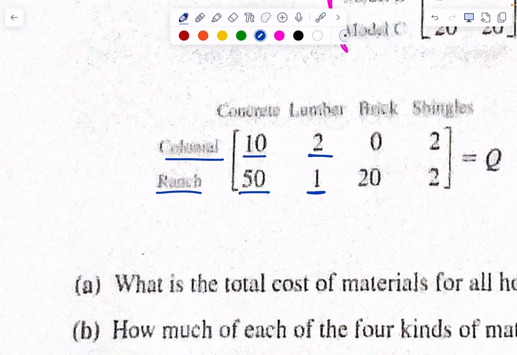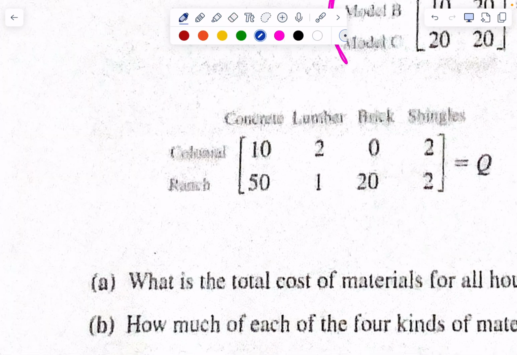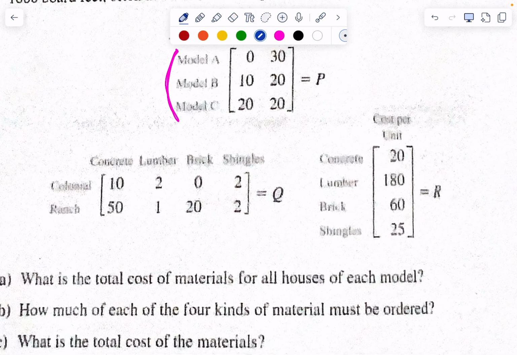So it's kind of like concrete and lumber are flip-flopped, okay? There's no brick in a colonial, but there's 20 brick in ranch, and then shingles are the same for each one, right? So that's our units, I should say, not necessarily our price. These are the units of concrete, units of lumber, units of brick, units of shingles, right?